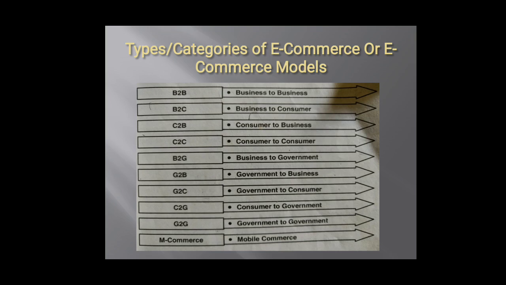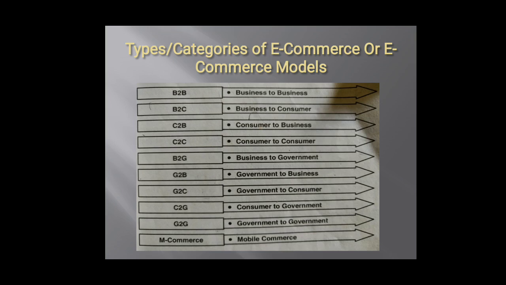The next is consumer to government, C2G. A simple example of this type of e-commerce is paying government utility bills and paying direct taxes online. All the taxes related to water, taxes related to your house, bill payments, all can be examples of consumer to government.